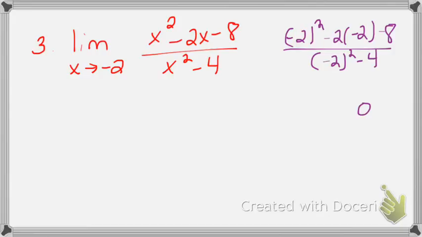So on the bottom I get 0 because -2 squared is 4, 4 minus 4 is 0. And whatever the top is, it really doesn't matter. But because I have that 0 on the bottom, that means that plugging in is not working.